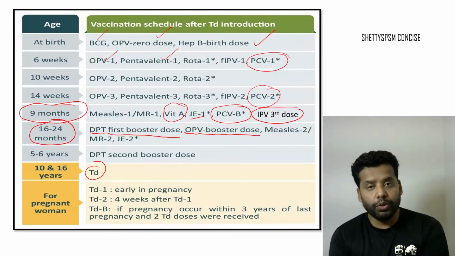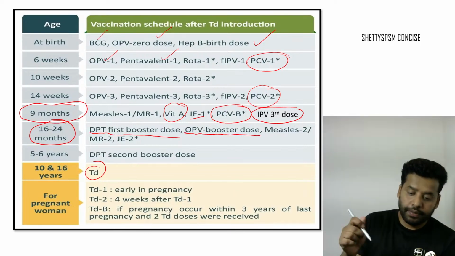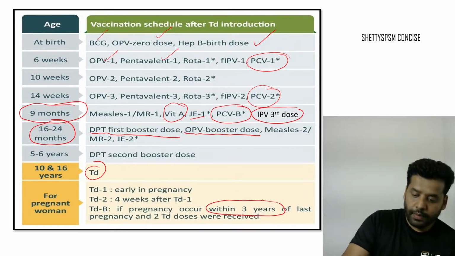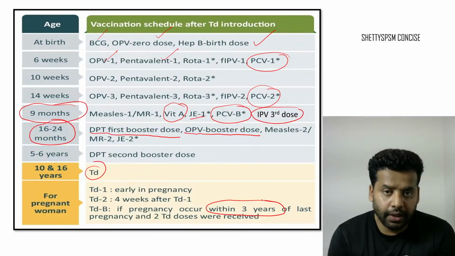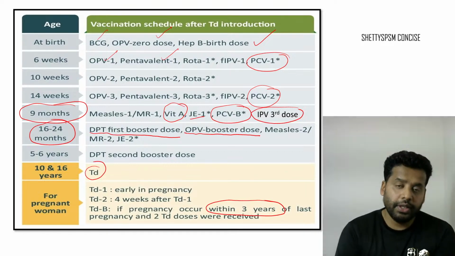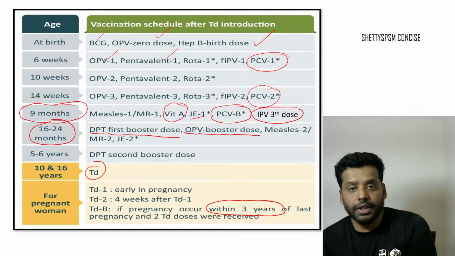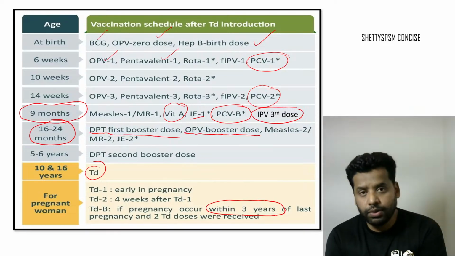Then comes the booster. If there is pregnancy within 3 years after taking the vaccine, fine. If she is pregnant within 3 years, she has to take a booster. This means she was previously vaccinated with 2 doses of TD.